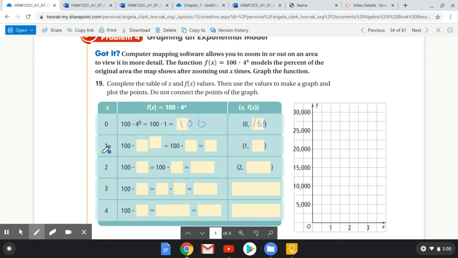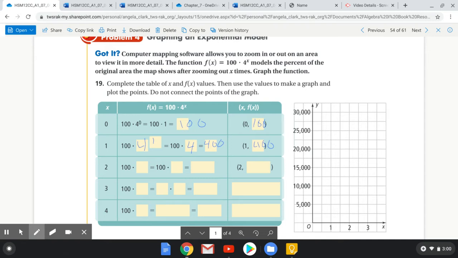And then in our next one, we're going to have 100 times 4 to the 1. Well, 4 to the 1 is just 4. So we have 100 times 4 is 400. So our next point is 1, 400.